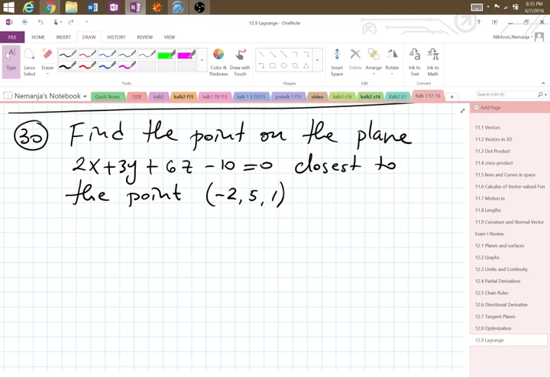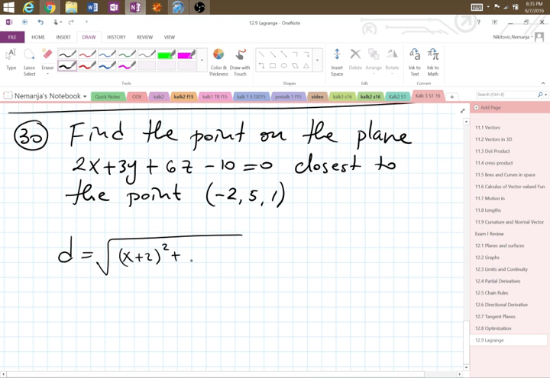So we start with the distance formula, which is going to be the square root of x plus 2 squared plus y minus 5 squared plus z minus 1 squared. That is your f of x, y, z.